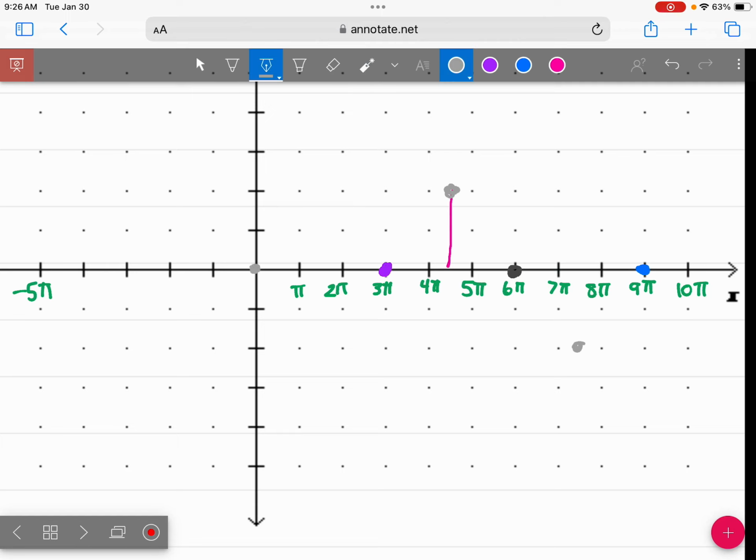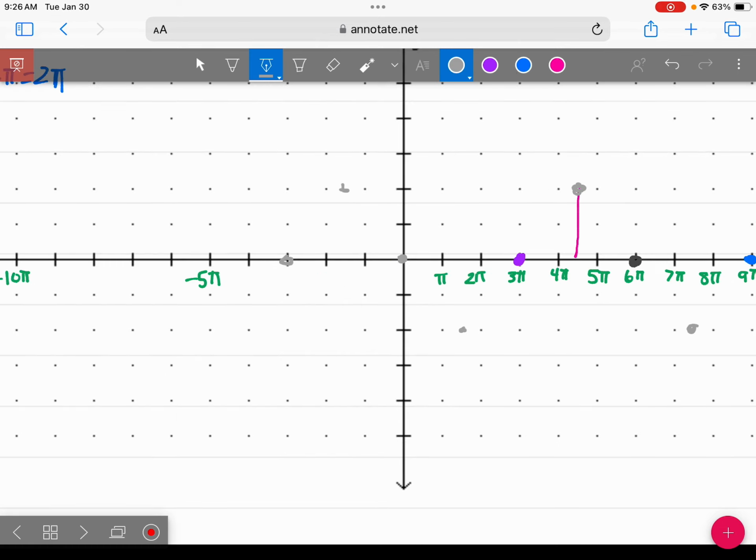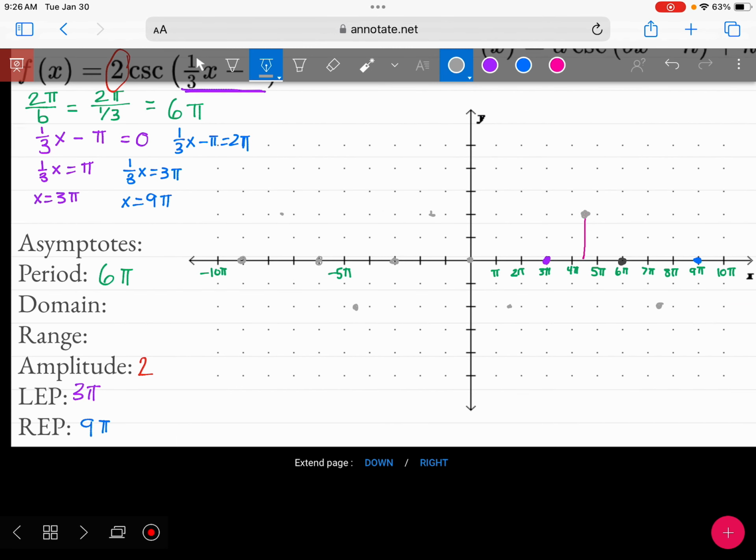So I'm just going to plot a few more points so that we can grab our sine curve. 1, 2, 3, midpoint, 1, 2, 3, midpoint, just like that. And we're going to connect them up to get our sine curve.